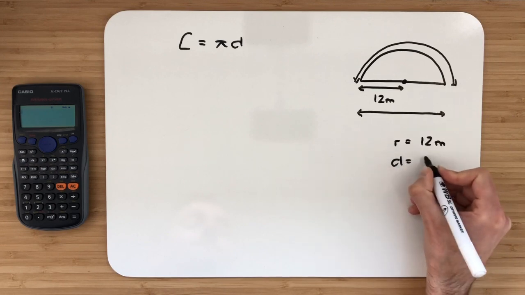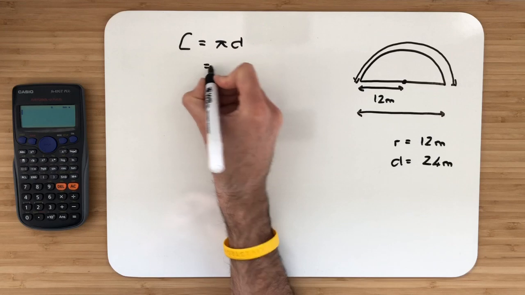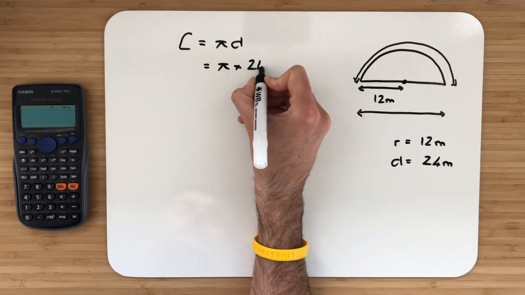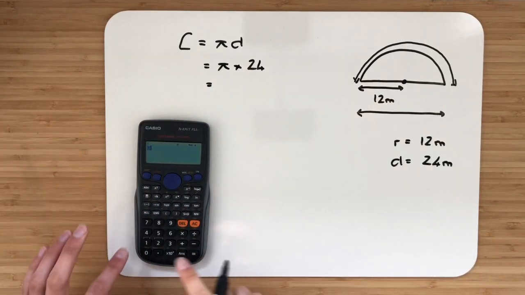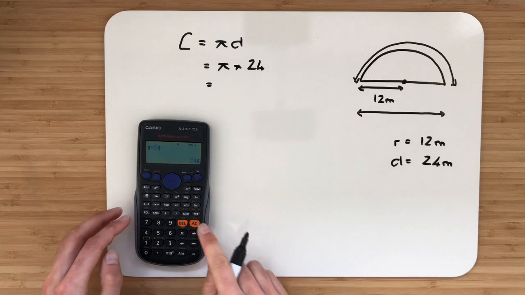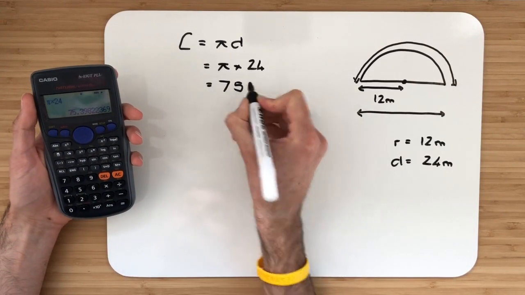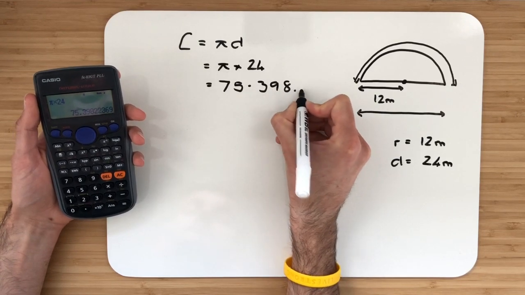Diameter would therefore be 24 metres. So if I substitute that in, I've got pi multiplied by 24. Fire that into a calculator, pi multiplied by 24. And that's going to give me 75.398, and it will continue on.